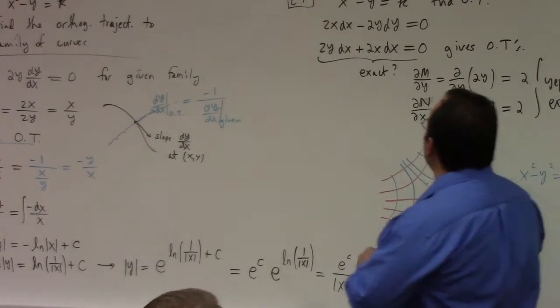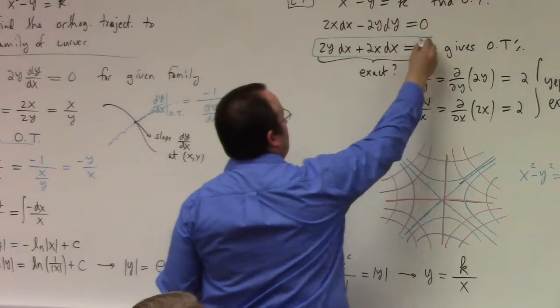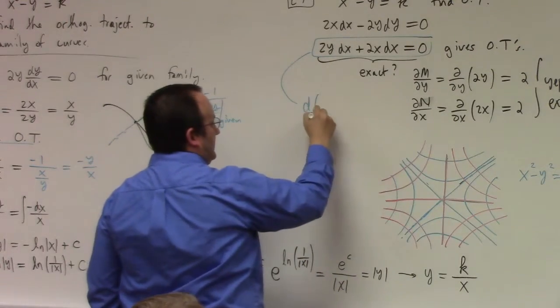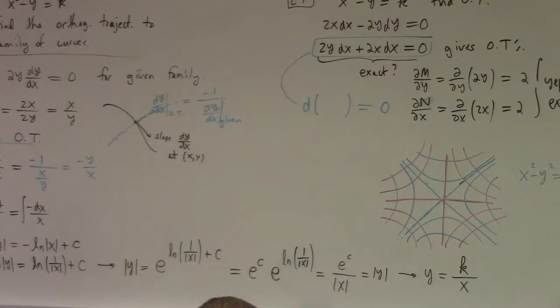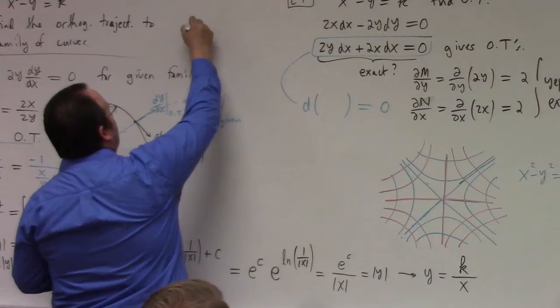We can rewrite the orthogonal trajectory differential equation as the differential of what level function equal to 0? That would, if I did x squared y squared, right?